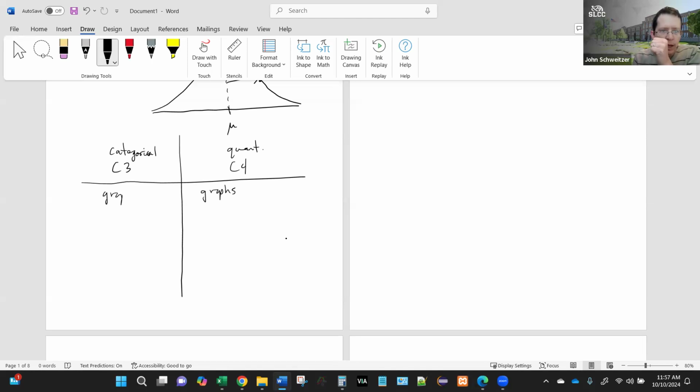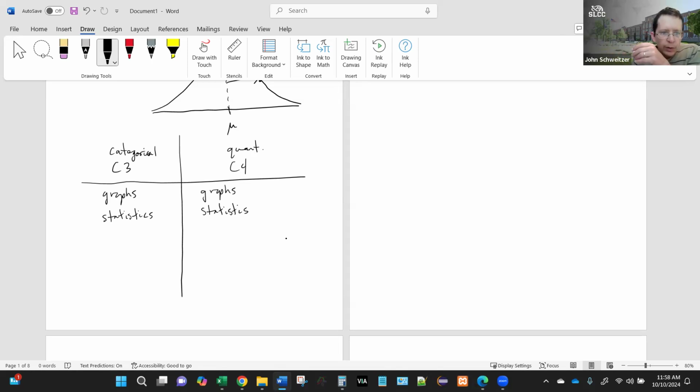In chapter 3, we had graphs too: bar plots, pie charts, etc. In chapter 4, we have statistics like mean, median, mode, IQRs. In chapter 3, we had statistics too, like p hat. So it's a very similar kind of development.